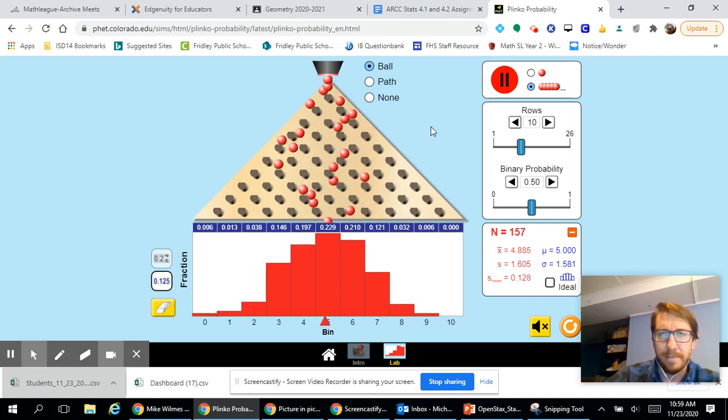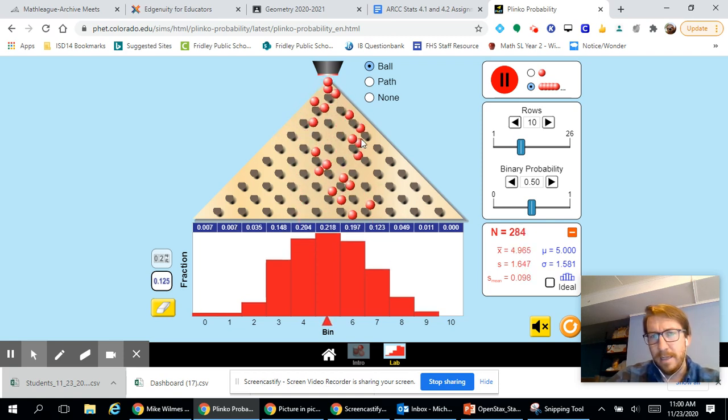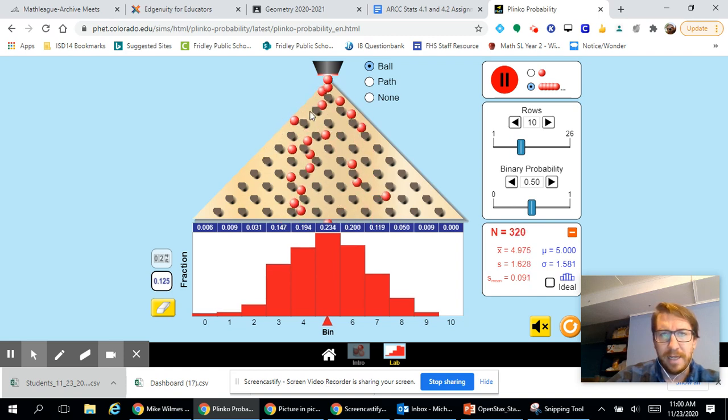So 1/2 to the 10th power. But to land in the middle, that would be an equal amount of lefts and rights. There's a lot of ways to do it. You know, you can come over here and then come down there. Or you can see a lot of the balls are clustered in the middle, because it's hard to go left a bunch of times, or it's hard to go right a bunch of times.